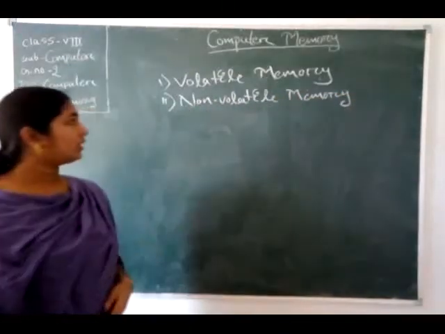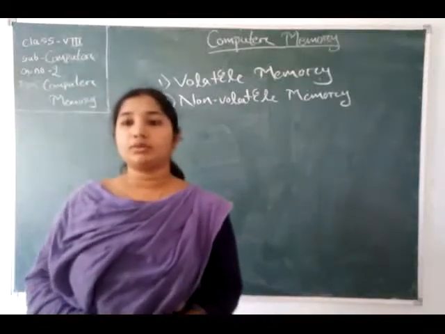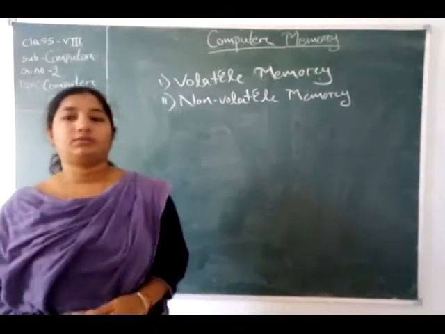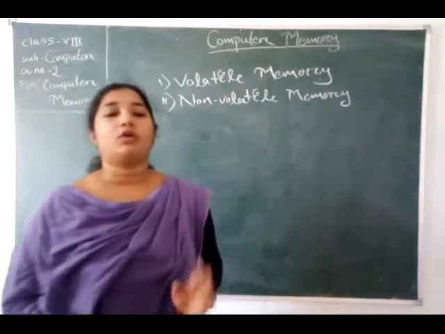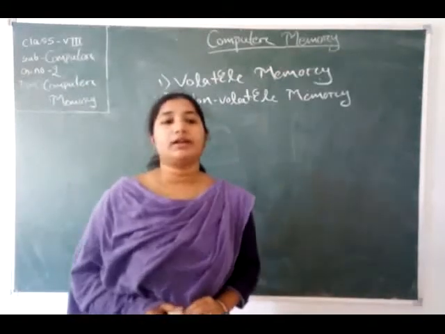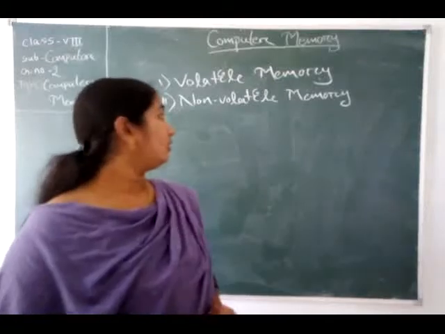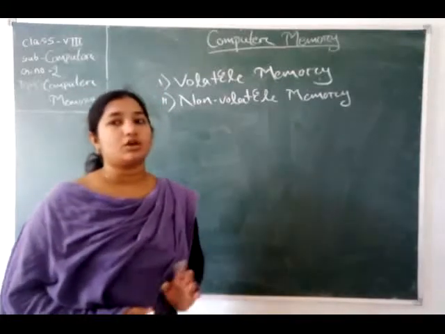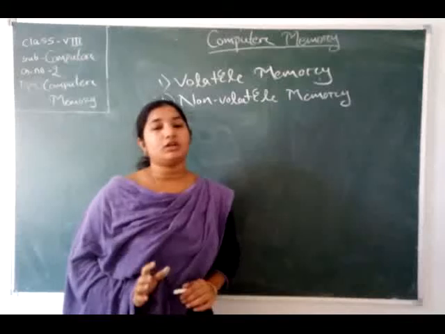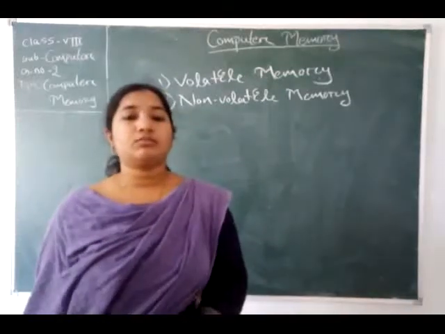These both are the categories of computer memory. And what is volatile and what is non-volatile memory? Volatile means when we switch off the computer, all the data is erased, and in non-volatile, the memory does not erase when the system is off.